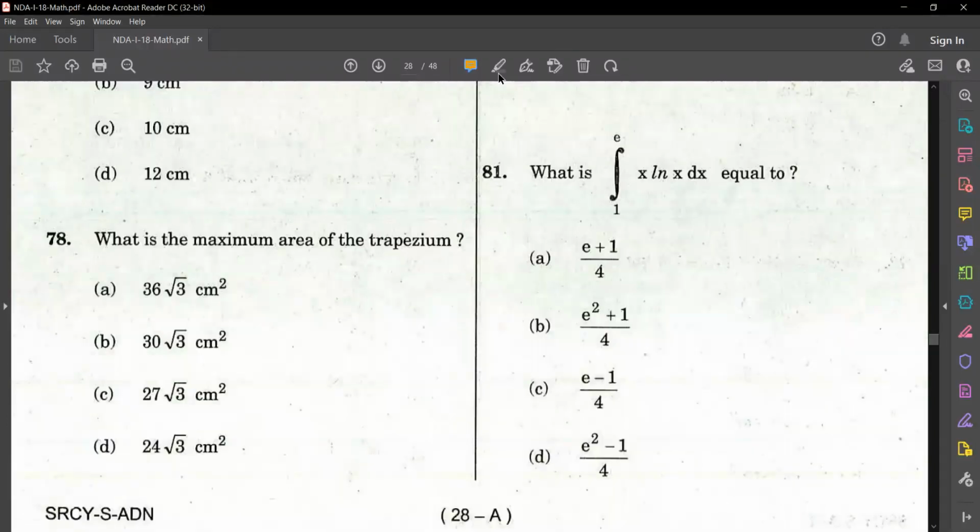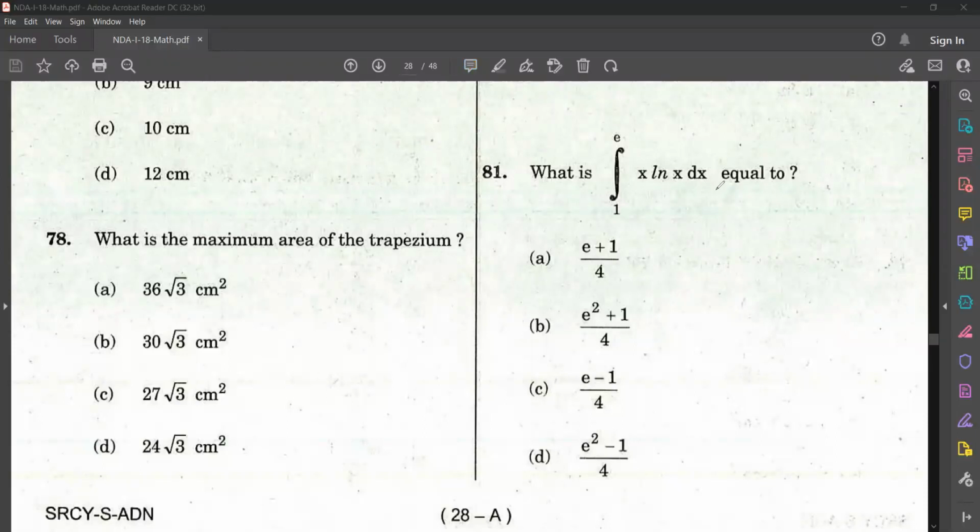What is integral 1 to e of x ln x dx equal to? All of you try.